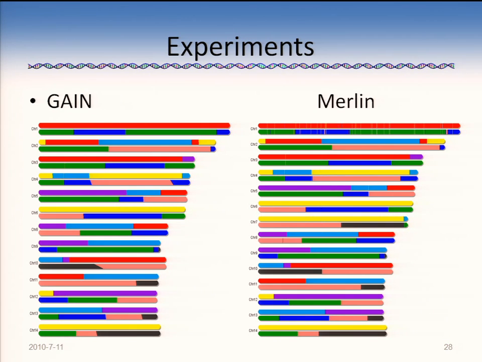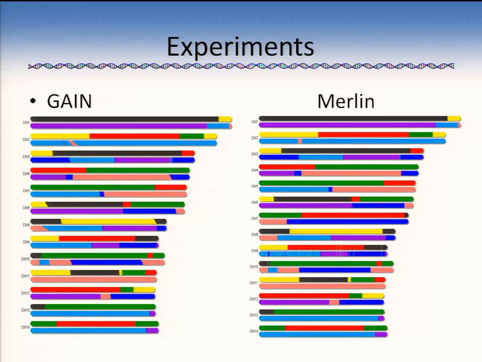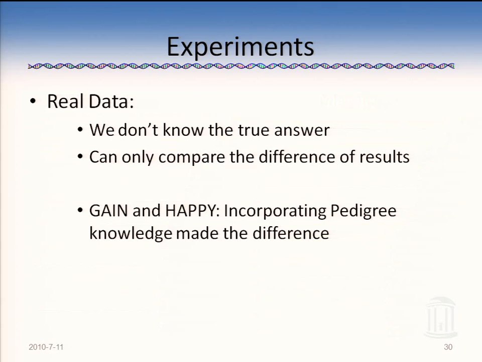The results from the Merlin log, which are the founder assignments, from the two algorithms are very similar, actually almost identical. Another example, again, we see very similar results. Actually, we see this in all the experiments we conducted.